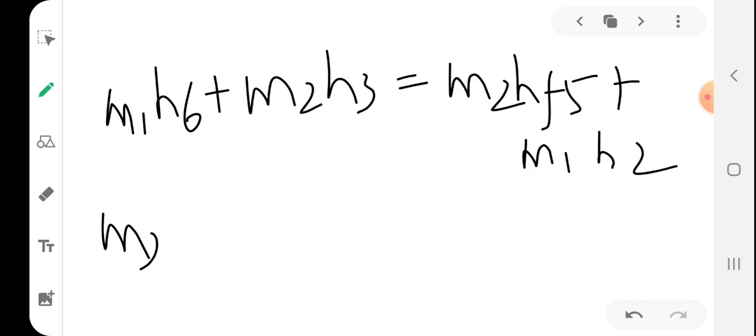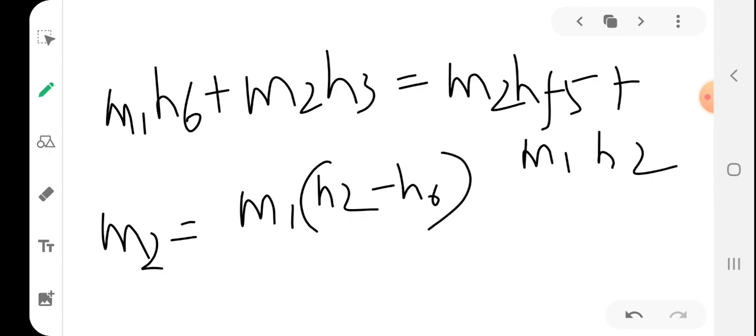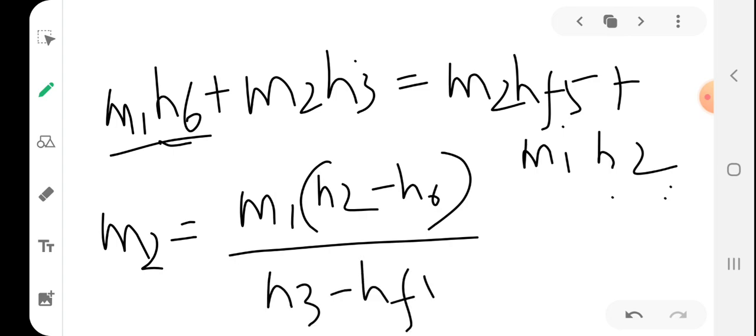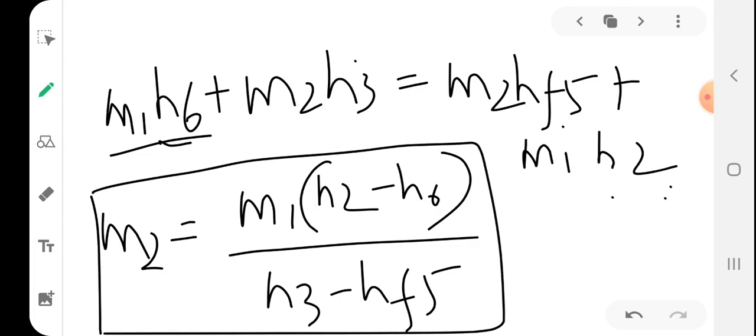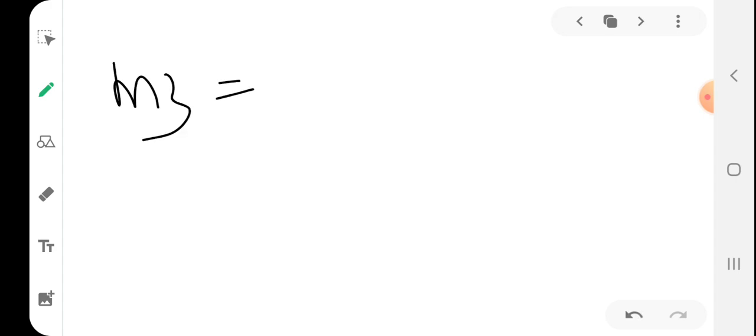So if I rearrange, m2 is m1 into (h2 minus h6) by (h3 minus hf5). I have taken this particular term to the right hand side and this to the left hand side, so h3 minus hf5 will be in the denominator. If you want to find the value of m3, you just subtract m1 from m2.